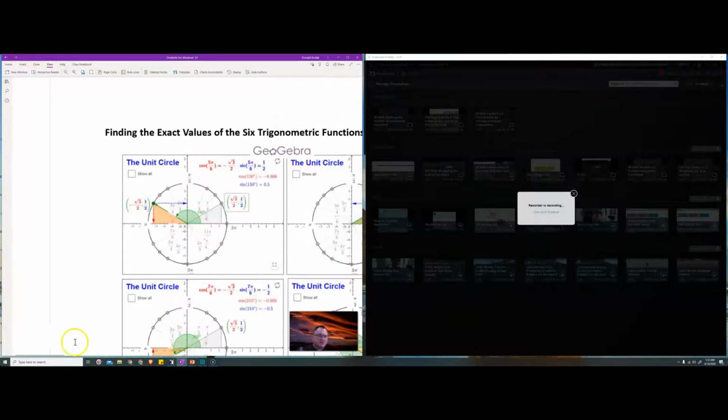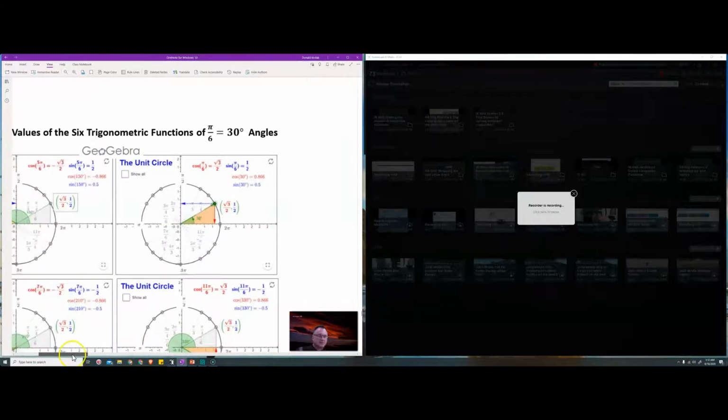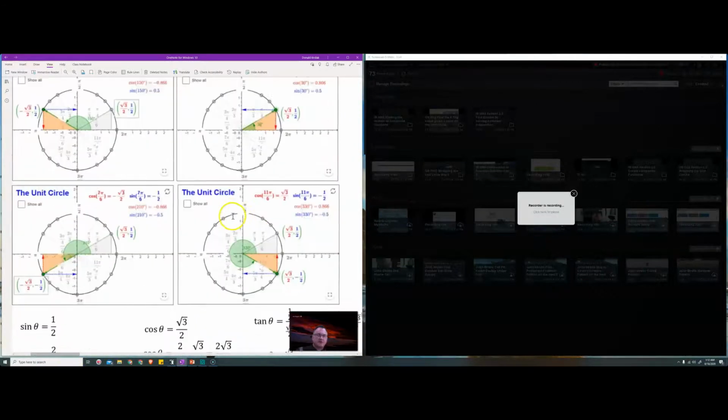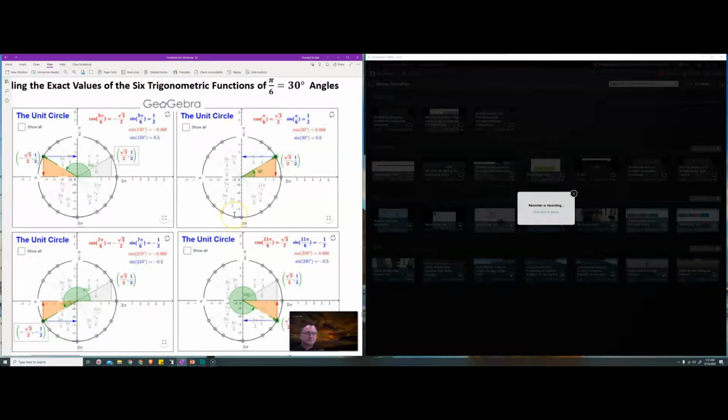Okay, our next increment on here is 30-degree angles, or pi over 6. So the pattern's the same. Once you know the first quadrant, guys, you can fill in the entire unit circle. Because when you flip it over to here, all that changes is the x coordinate. It goes to its negative.